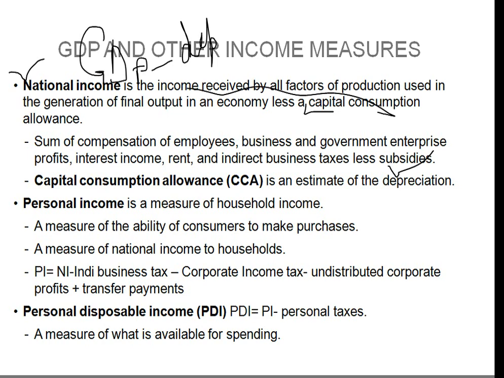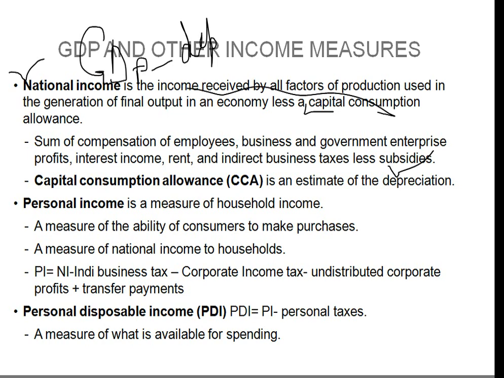Personal income is the measure of household income, what everybody is going to get as a whole. This is the ability of consumers to make purchases, a measure of national income going to households.